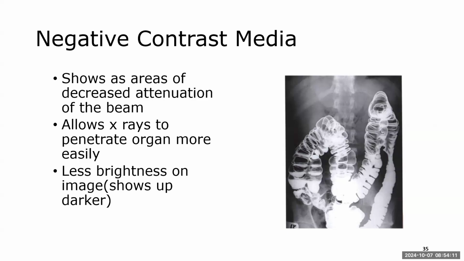And so we consider that to be a negative contrast media because it shows as areas of decreased attenuation, meaning more of the beam can get through those areas because now they've been expanded with air. So those areas for negative contrast media are going to show up as very dark areas. Think about your lungs, right? And how lungs show up on the image. Well, y'all don't officially, just pictures is all you've seen so far, but you're going to see that in clinic.